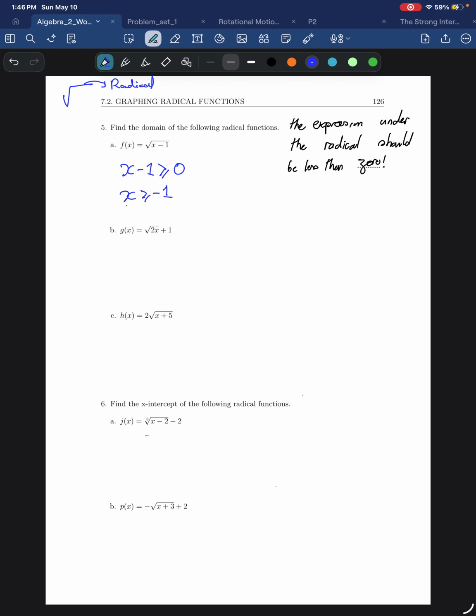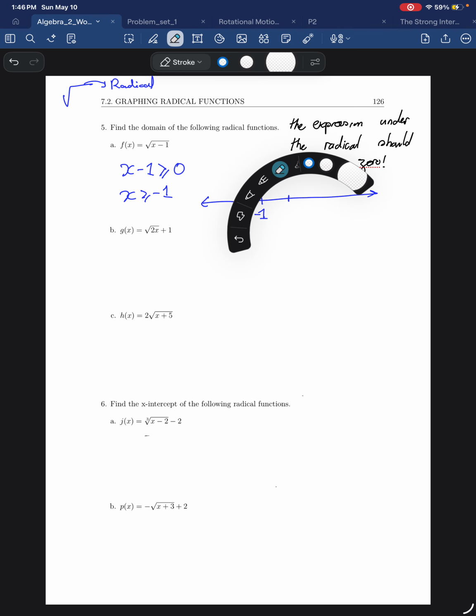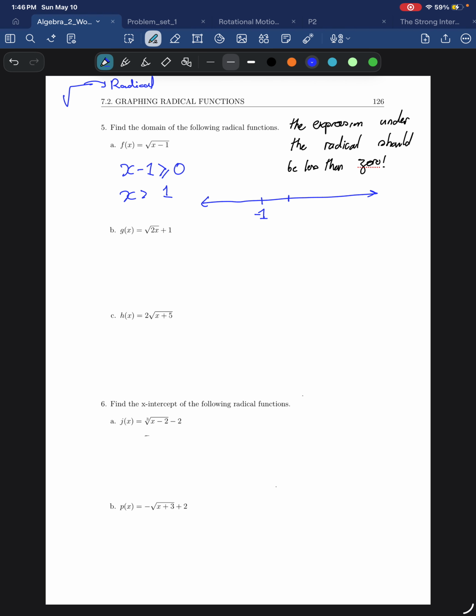I'm going to have minus 1 there. Apologies, this should change symbols when I take it across. So it's going to be x is greater than or equal to 1.